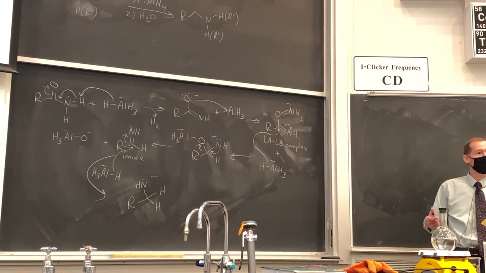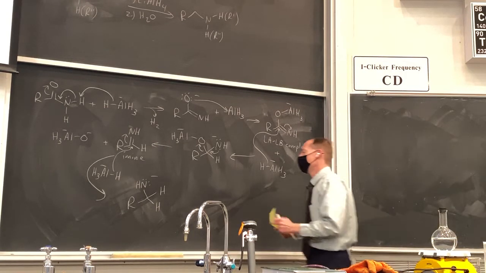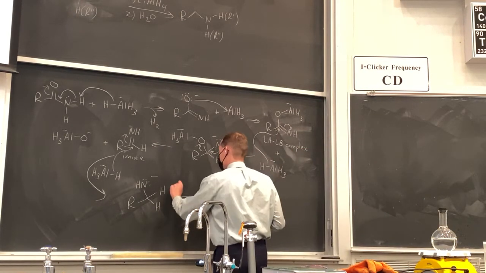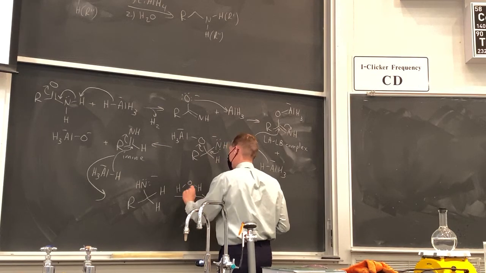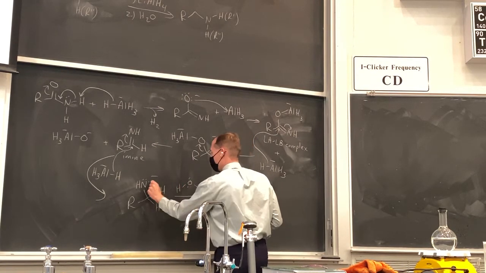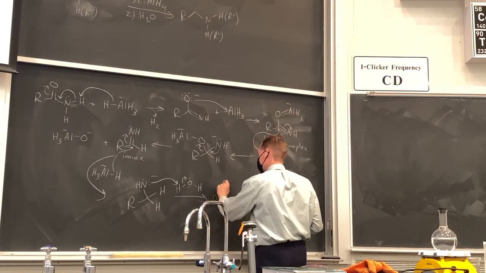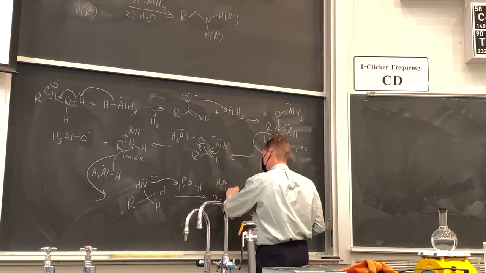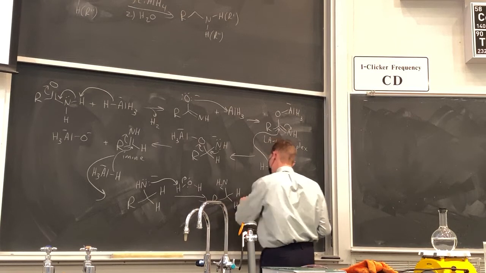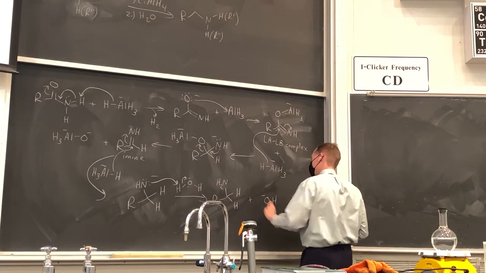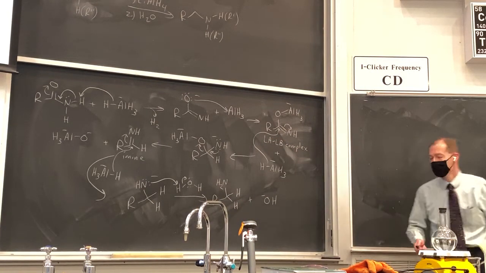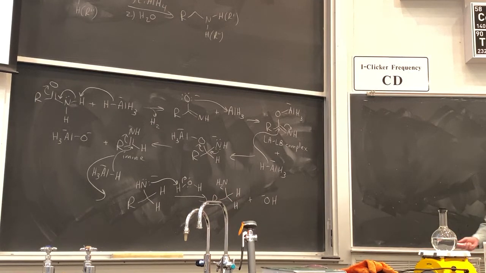Now we've reached a tetrahedral intermediate with no leaving groups attached. And so now is where we add our water to generate the final product. Okay? So we protonate. We have hydroxide as a byproduct. Okay? And that's how we get primary amines.